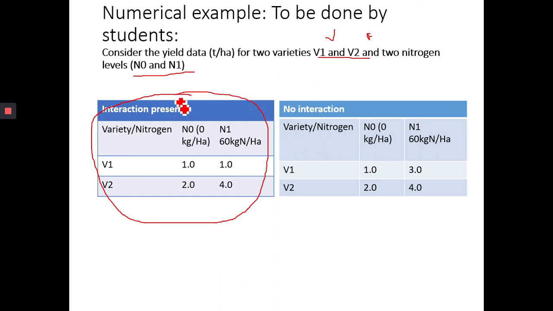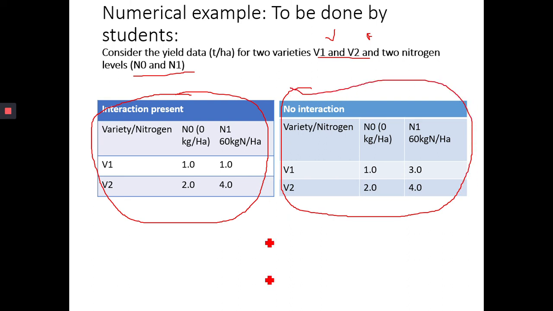Dear friends, what I want you to do, using this video, is calculate the simple effects, the main effects, and the interaction under interaction present, under no interaction, and also produce a graph. I want you to see what the interaction graph will look like. How will the interaction graph compare, this one versus this one?